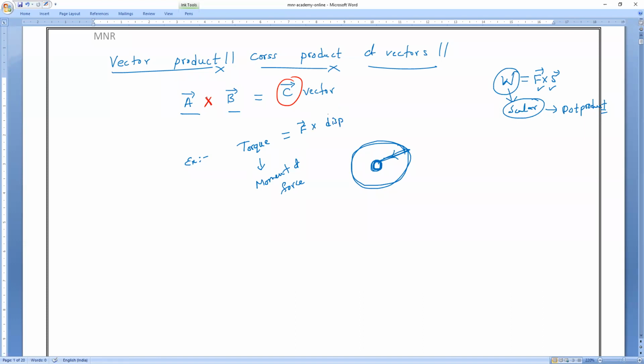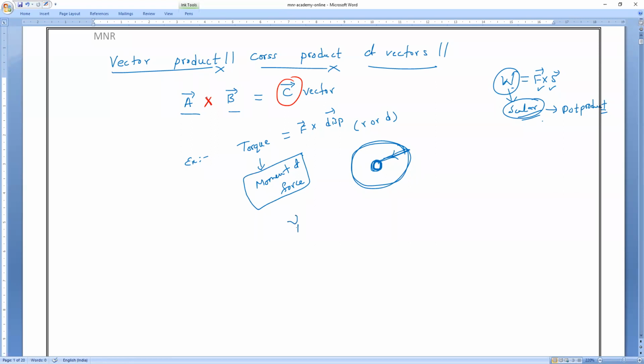This displacement we can represent with R or with D. Force into displacement, what do we call it, everybody? It is work, that is a scalar. Now here, the same force into displacement, that is what we call the moment of force, and it is represented with torque.